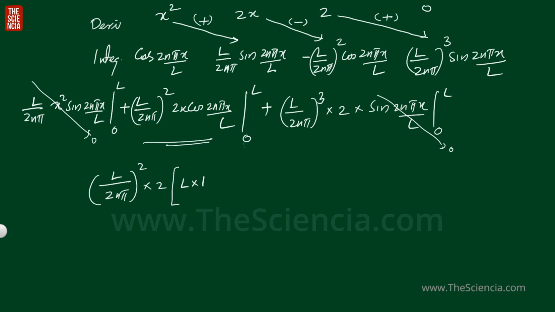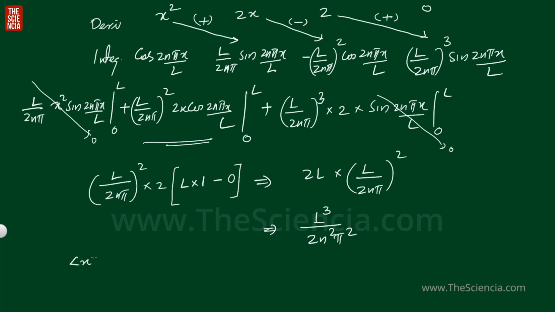Now we have to substitute the lower limit, that is minus 0, right? So we get this is equal to 2L into L by 2n pi all square, that is L cube divided by 2n square pi square. This is the value of the second integral, right?